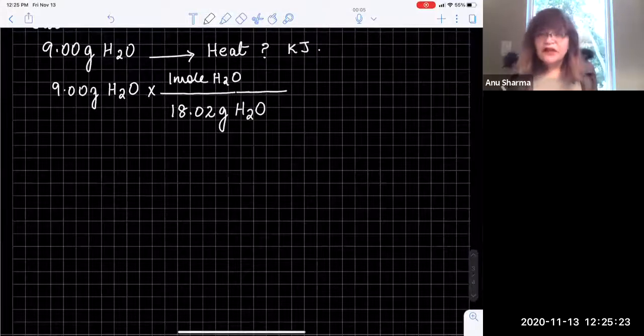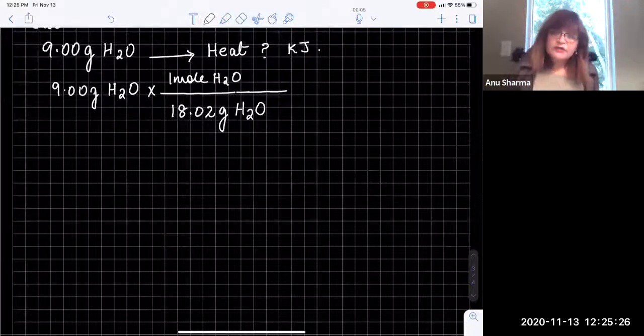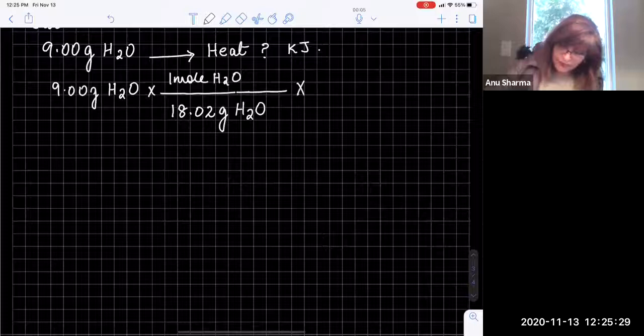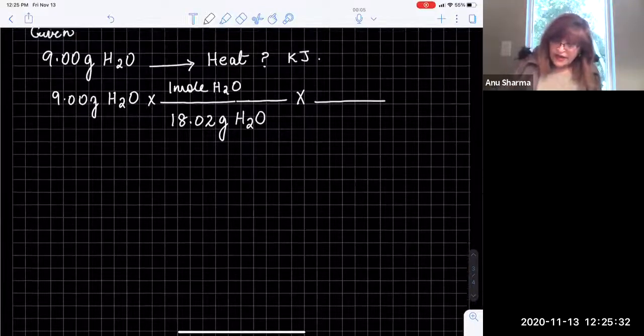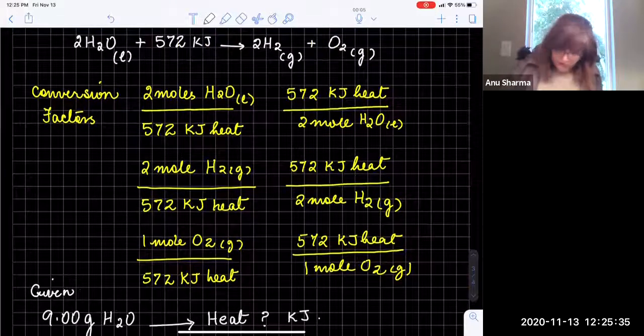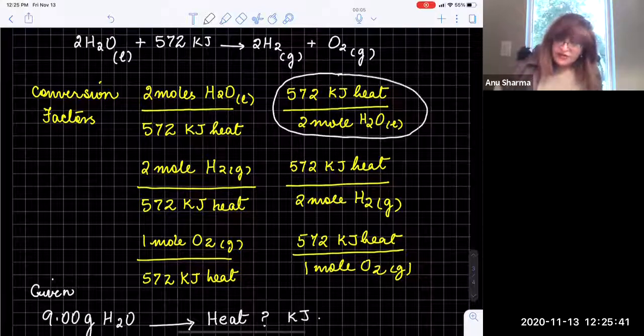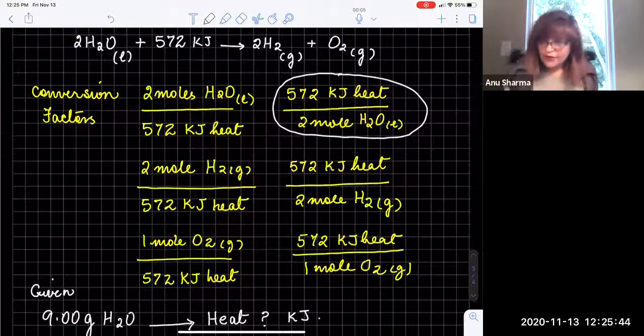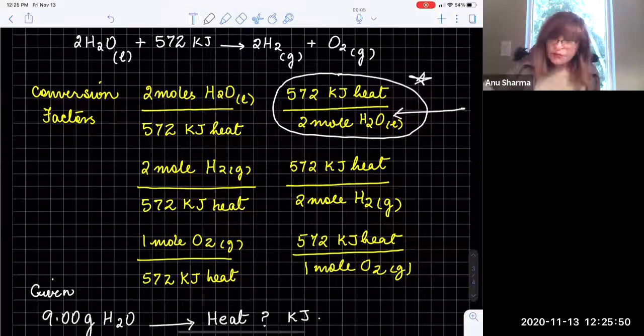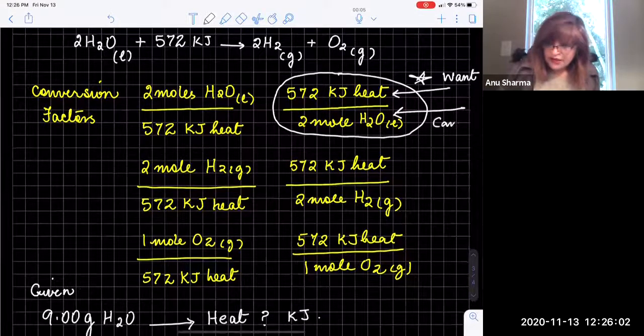So first is the grams to mole conversion using the molar mass of water, times, now we want the heat and we are looking at the specific relationship of water. So why did I choose this one? Because it allows me to cancel out the moles of water, and the heat is what I want. So this is the reason why we use this conversion factor.